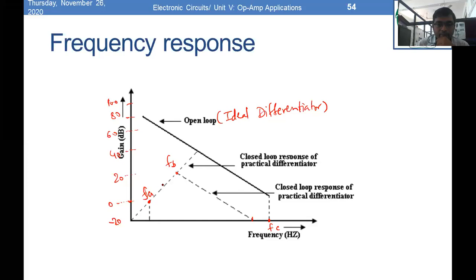The gain of the practical differentiator increases. But after FB, when the frequency is greater than FB and less than FC, it would again start to decrease at 20 dB per decade.